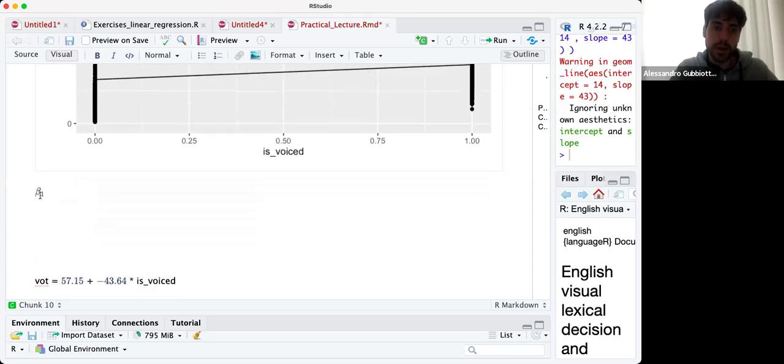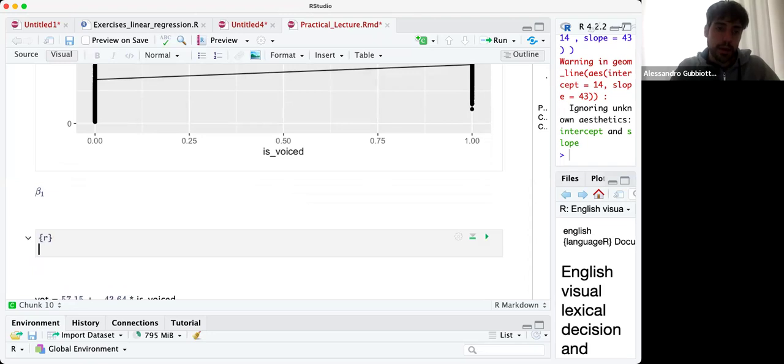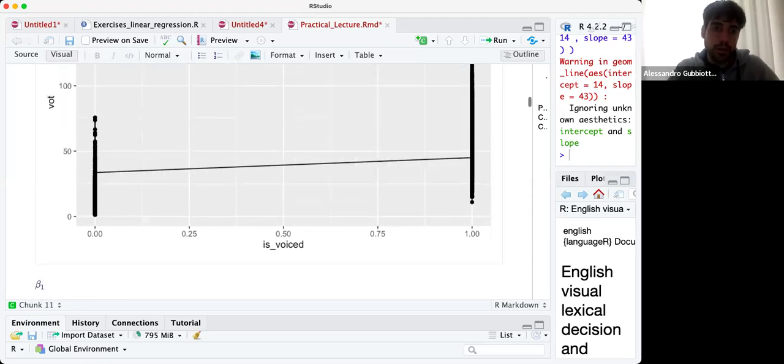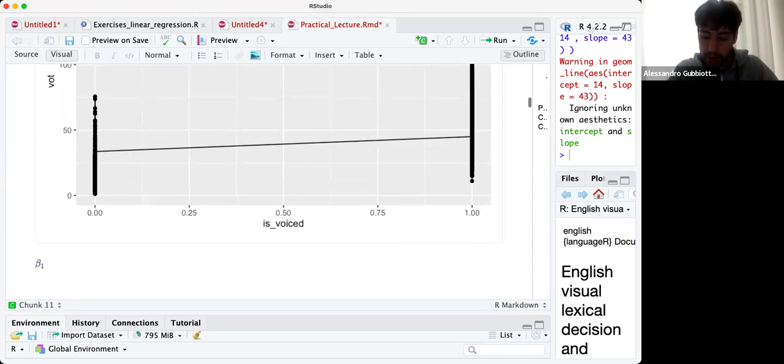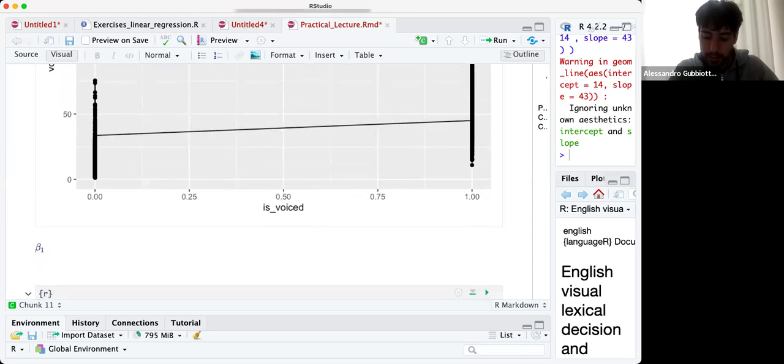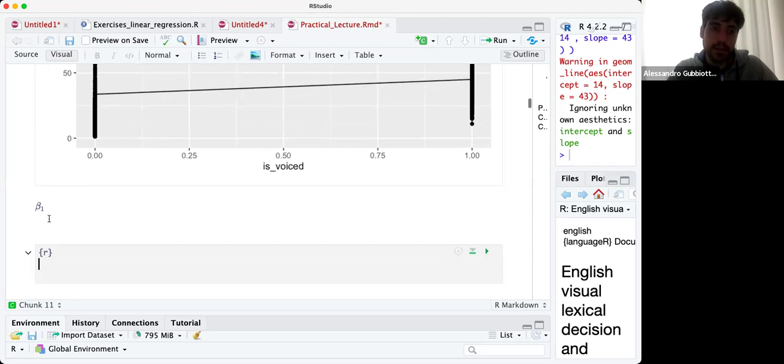So this is our p-value, and actually, what are we doing? Last lecture I wanted to give you a hint that this linear regression estimation is really trying to compute the mean.